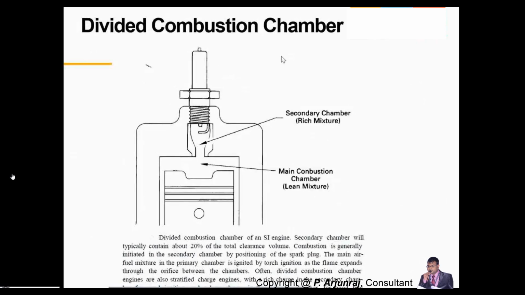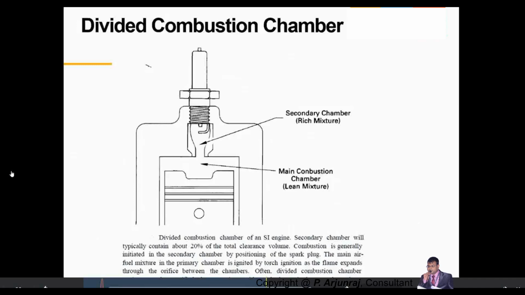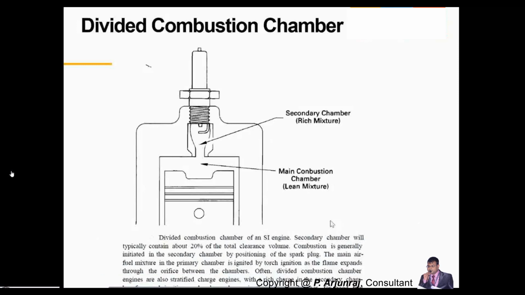In the case of the divided chamber, basically we're dealing with the case of an SI engine. You have the secondary chamber, where you're going to have the rich mixture, which contains almost about 20% of the clearance volume. So this is going to happen at the clearance volume VC position, which is the combustion chamber.